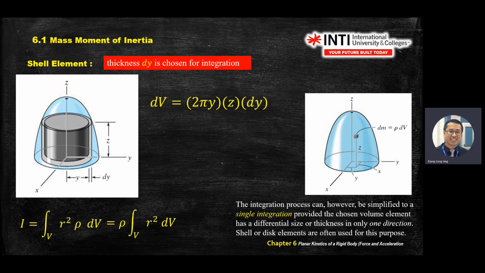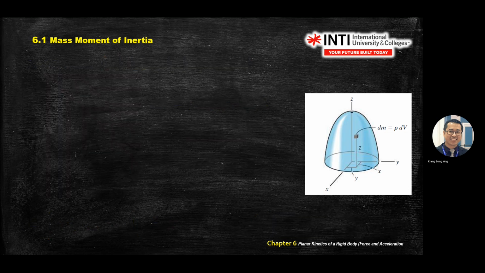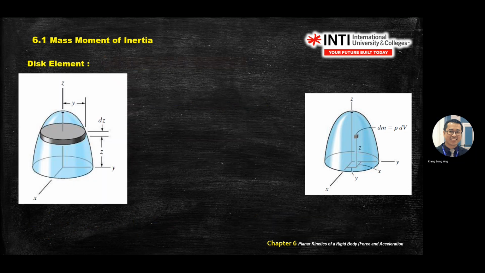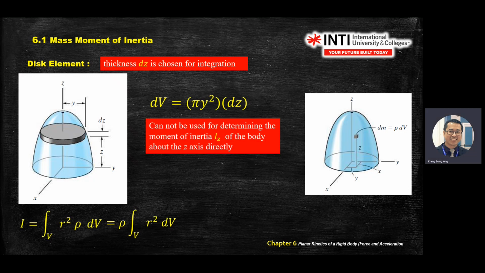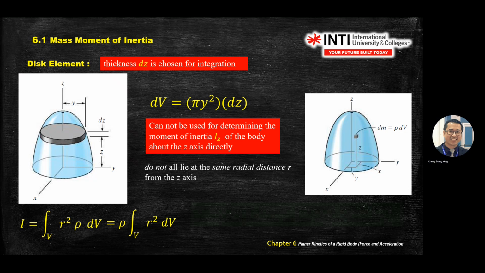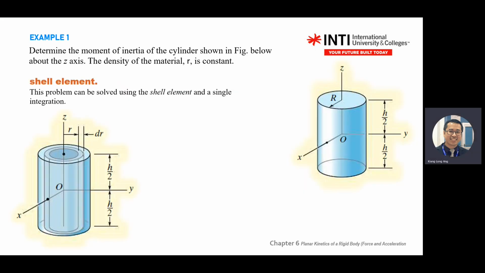Okay, this is the shell. This is this method. So which one is the first one? Which one is the second one? So we are using the shell method. What is your equation of moment of inertia?